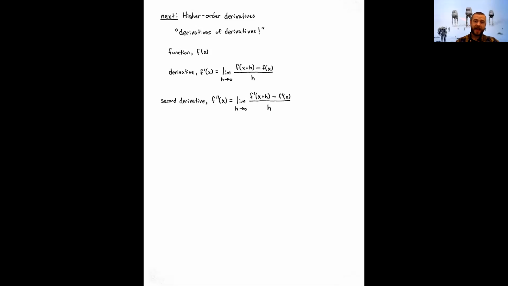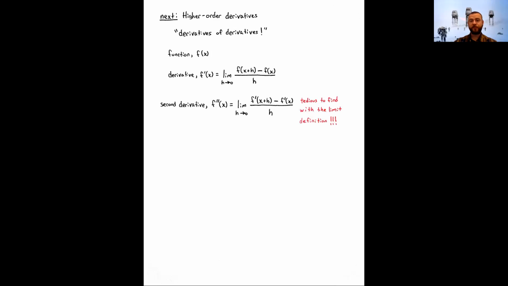Now, instead of having f within that limit definition, to define the second derivative, the derivative of the derivative, we use f prime within the limit definition. So the limit definition of f double prime is the limit as h goes to 0 of f prime of x plus h minus f prime of x, all divided by h.